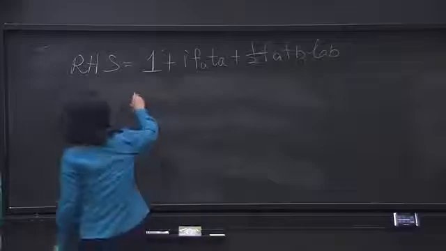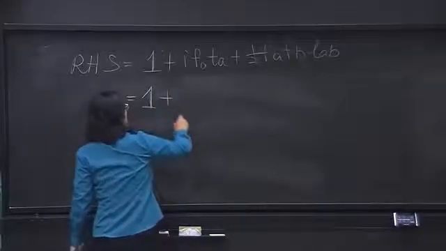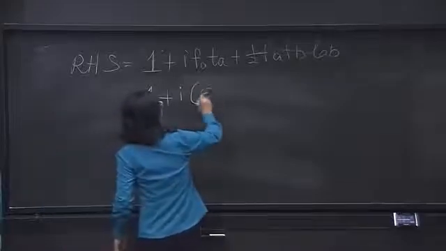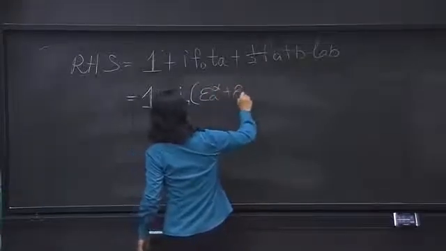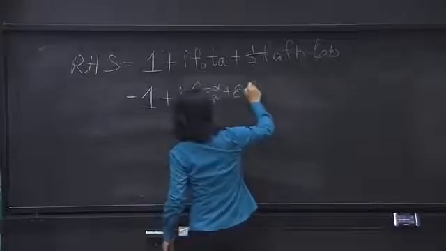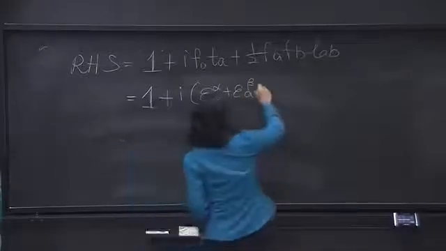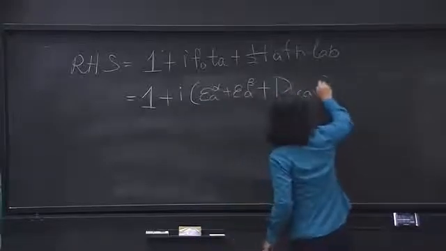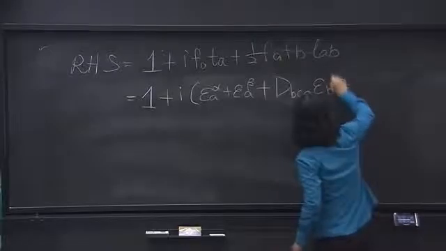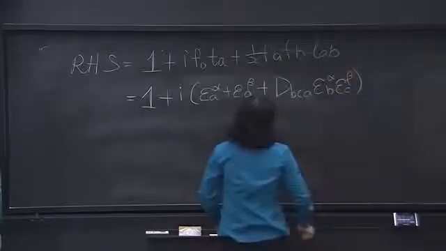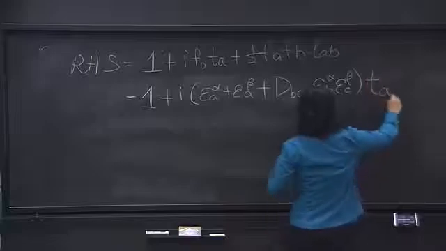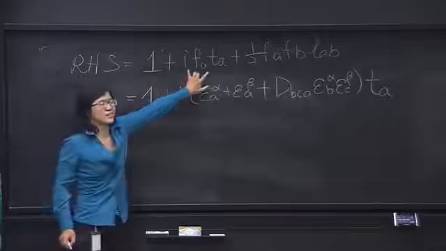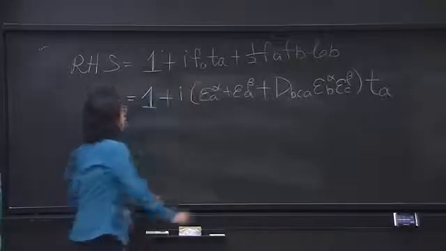So now let's put our information about F A in. F A is the sum of these two small parameters plus these D things, who knows where they come from. That's our F, and we need to multiply this by T. That's just this term. One more term to go.